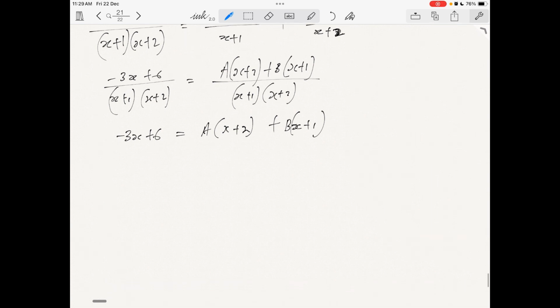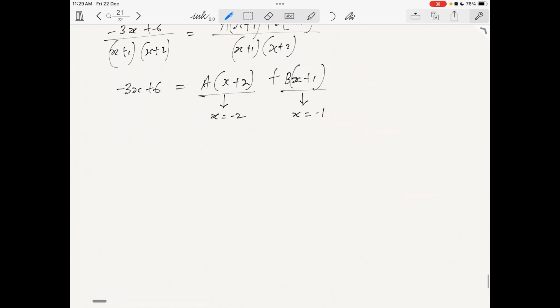To make this element 0, we apply x equals minus 2, and to make this one 0, we apply x equals minus 1. So let us put x equals minus 2. That's minus 3 into minus 2 plus 6 equals A into minus 2 plus 2 plus B into minus 2 plus 1.